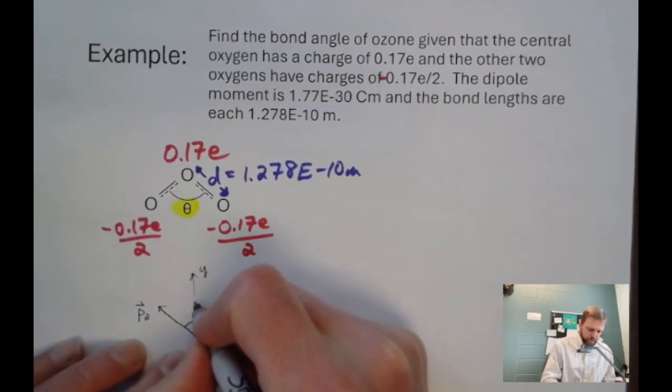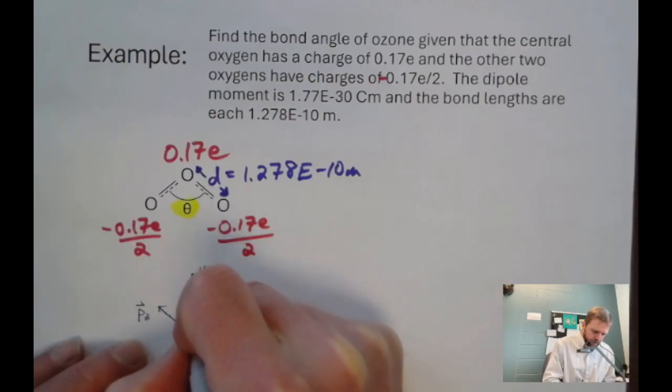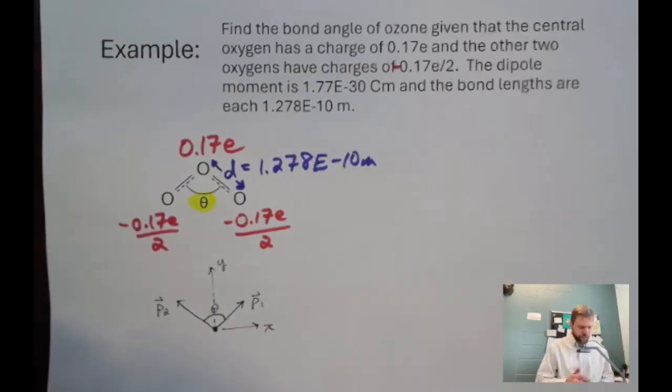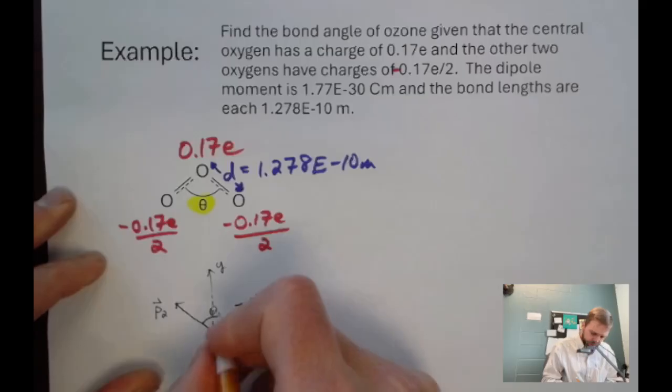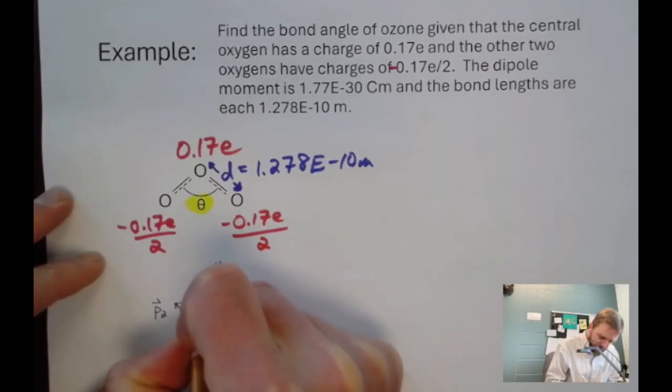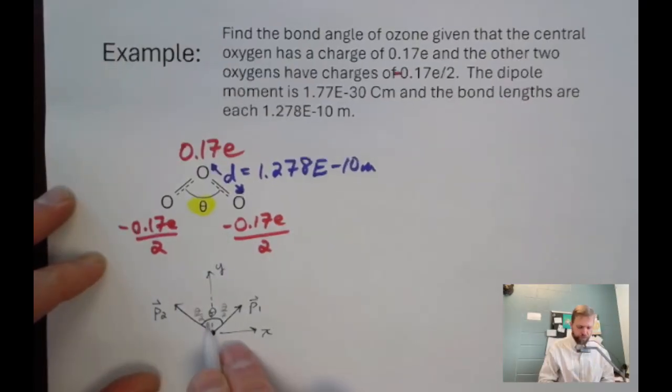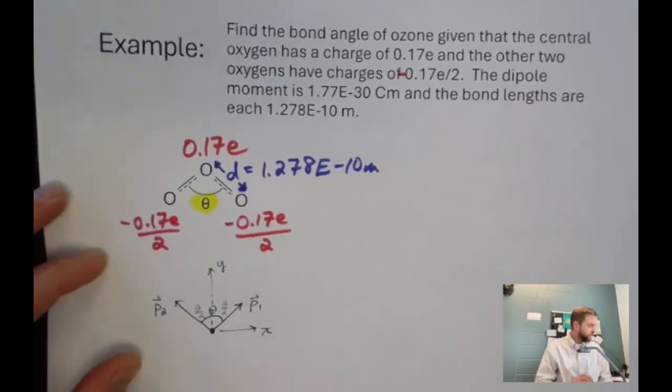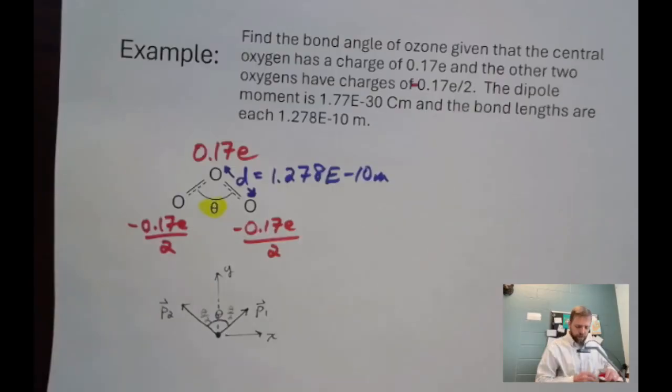If we continue down with this axis, we'll see over here on the right, this is theta over 2, and this is theta over 2, because the axis bisects the angle.